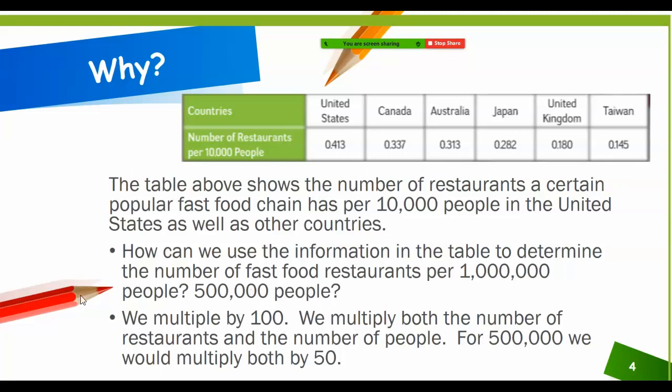In this case, you're going to multiply by 100. If you wanted to get from 10,000 to 500,000, you'd multiply by 50. So how does that relate to what we're going to talk about today? Well, we're going to talk about how we could compare 10,000 people to 1 million people, to 500,000 people, etc.